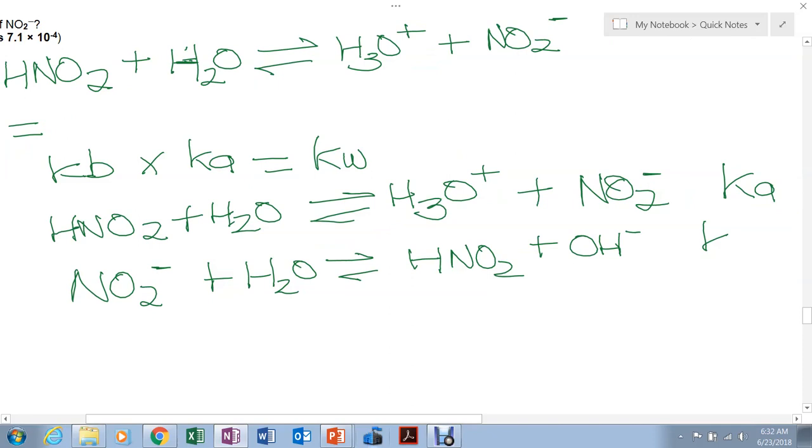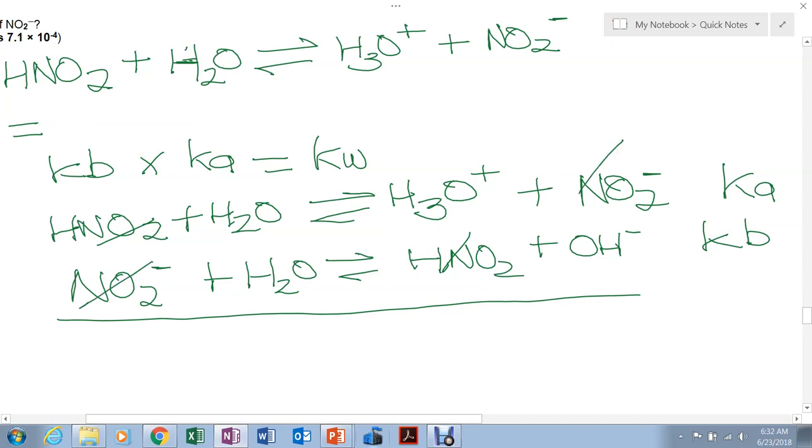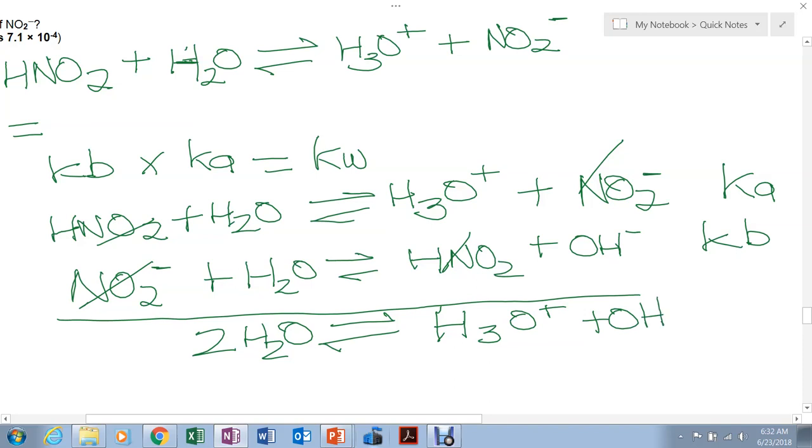And this is the Kb, okay? And if you cancel out this and this, you add them, both of them, right? NO2 and NO2. This is going to give you on the left side 2H2O and H3O plus OH negative.